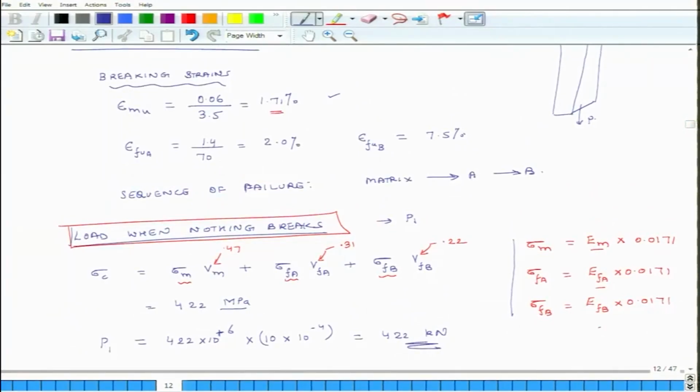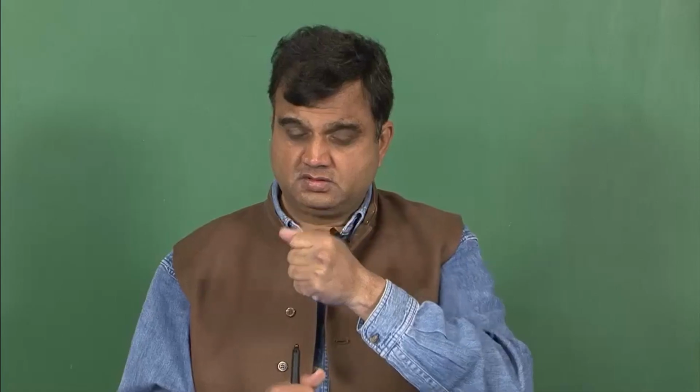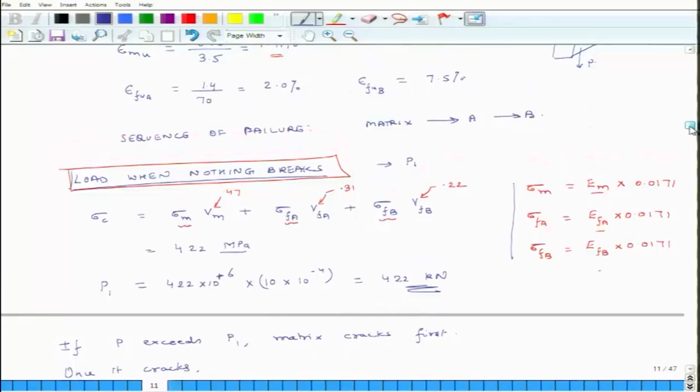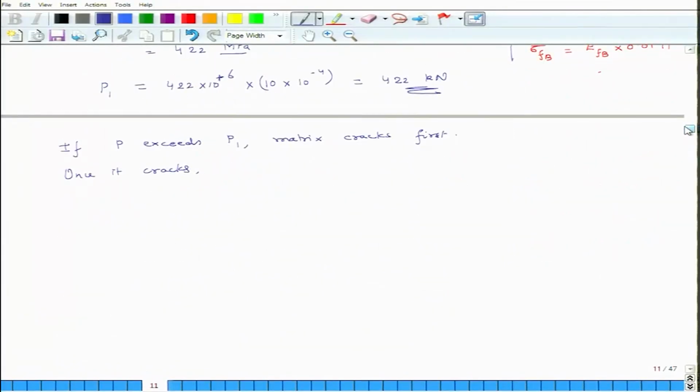The next thing which is going to break will be what? Fiber A is going to break, and that will break at 2%. So, let us find out next breakage point.